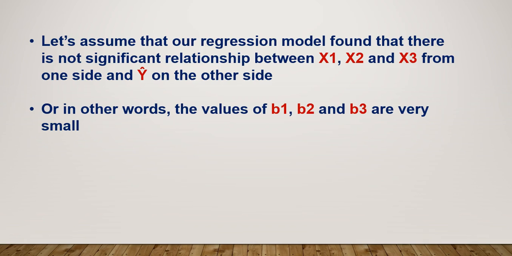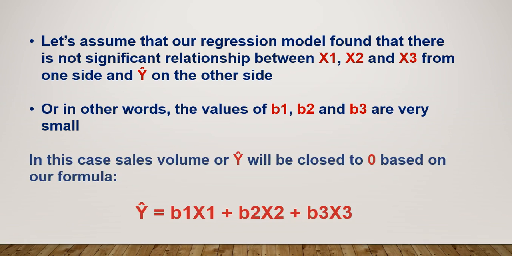Okay, so in this case, B1, B2, B3 will be very small or equal to 0. Our Y hat or sales volume will be close to 0 based on our formula, because the X1, X2, and X3 are insignificant, or the values of B1, B2, and B3 are very small or 0.